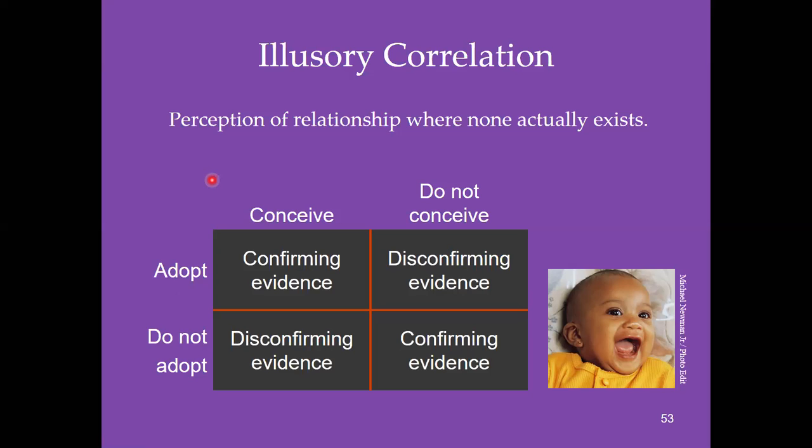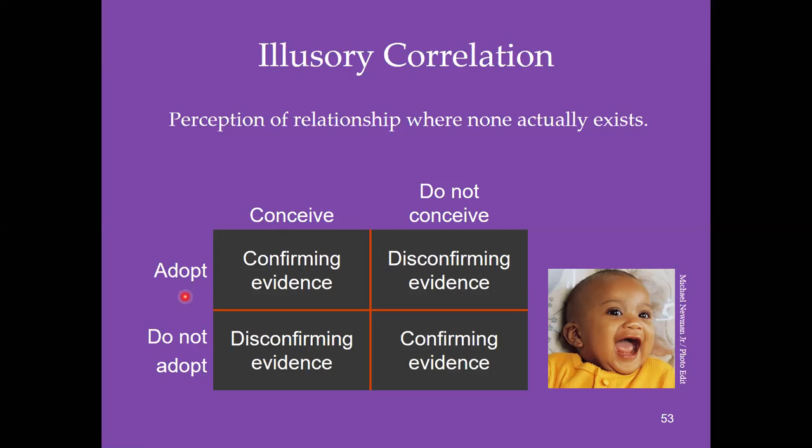Well, when they actually did the research on this, they found out that couples were no more likely to have their own child after adopting than couples who didn't. And so that turned out not to be correct. Nonetheless, the idea persisted, and it's still kind of around now.